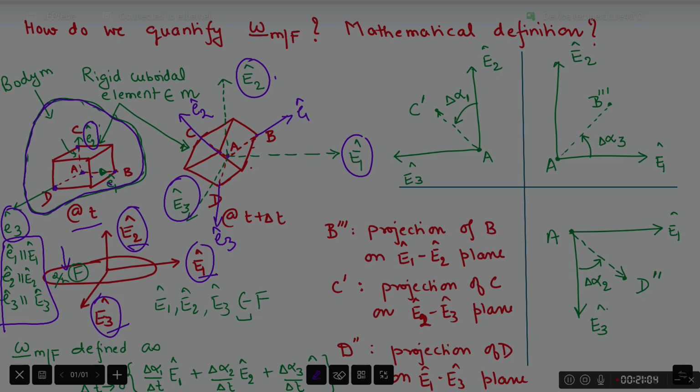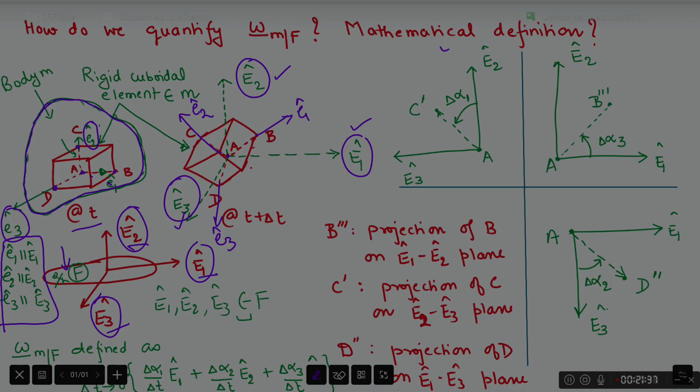As long as their directions remain the same, we are fine. Now, in general, when this cube undergoes disorientation, we want to quantify the level of disorientation using certain small angles. What are those small angles?